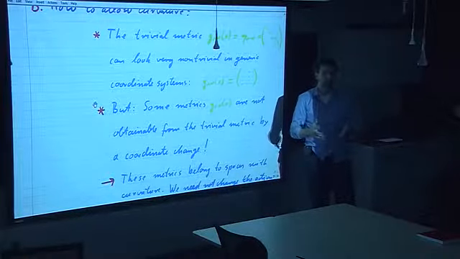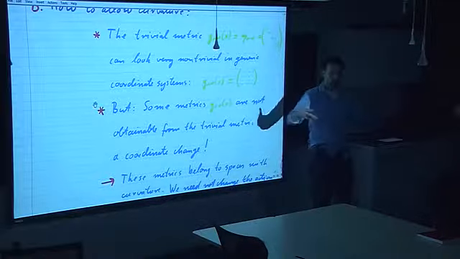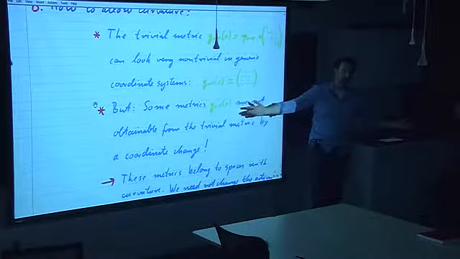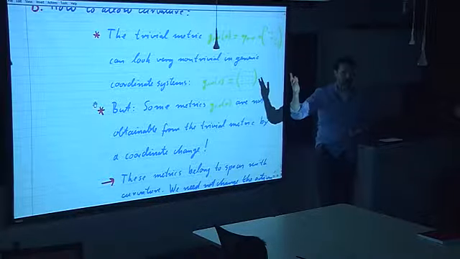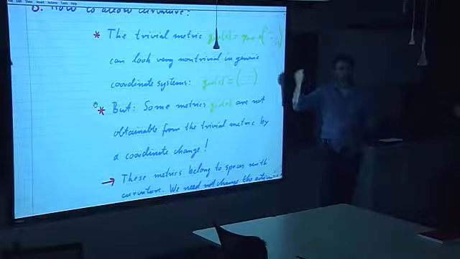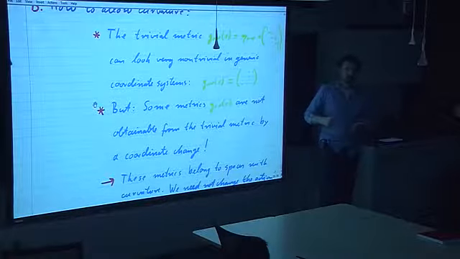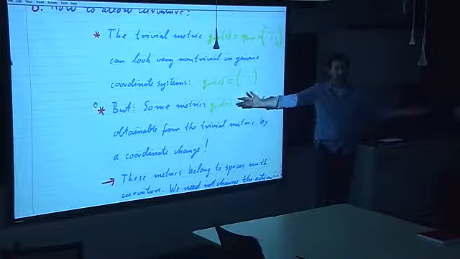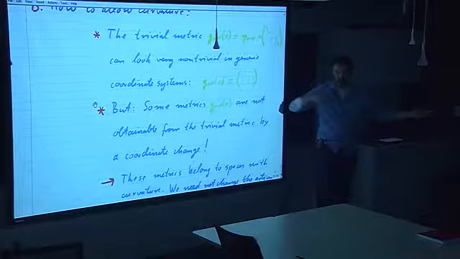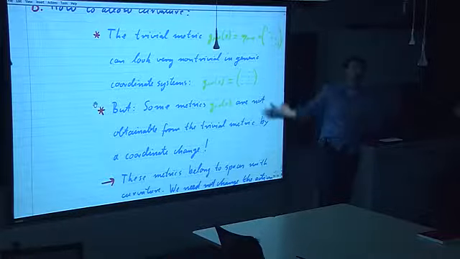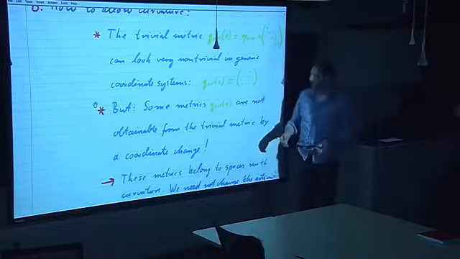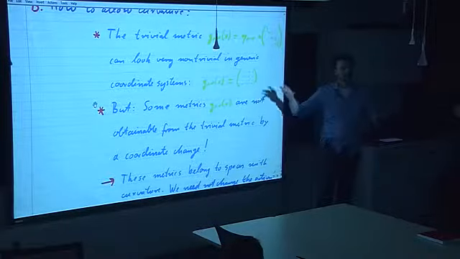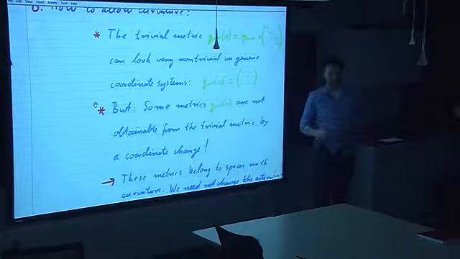You still have to say how you assign coordinates to all the other events, right? And so what you can do is you can say, I'm an accelerated observer, I put myself at the origin of my coordinate system, and I set up a complete coordinate system, not just the origin of it, where I am, but a complete coordinate system by some rules. And you're pretty free to choose the rules whichever way you want.